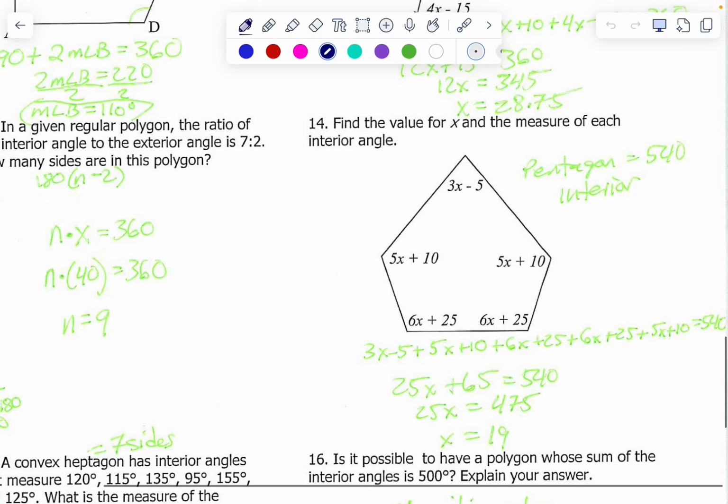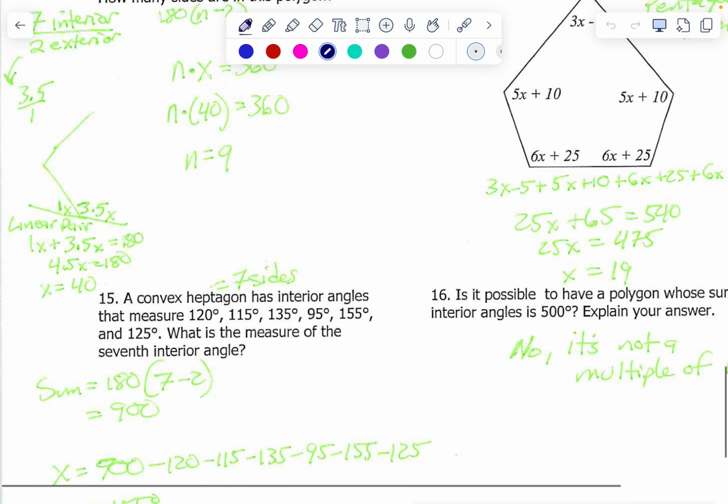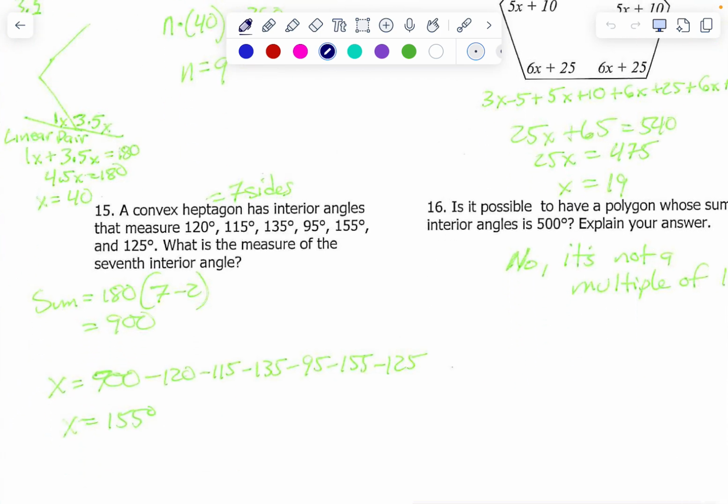Another long equation, just boil all your like terms down, and then you'll get X equals 19 when you solve. And finally, number 15, we already did. X was 155 degrees.